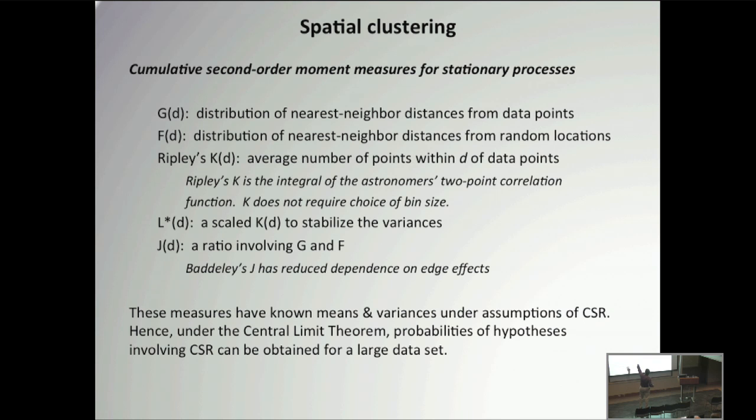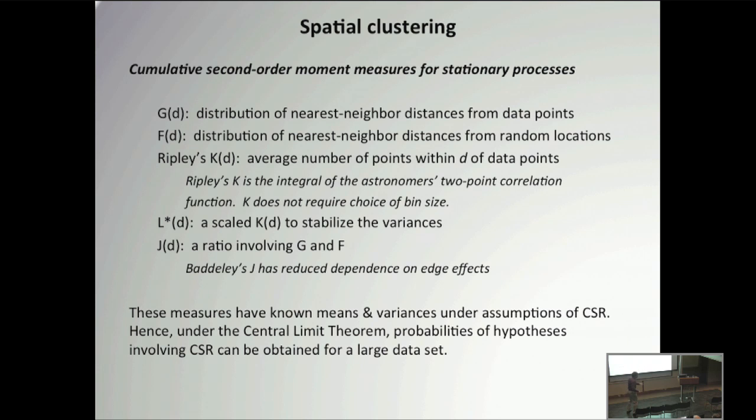But Ripley's K is related to the G distribution, which is the distribution of nearest neighbor distances from the data points, and the F distribution of nearest neighbor distances from random locations, which might be called something related to the void distribution function. Ripley's K is the average number of points within a distance D of data points, the integral of the two-point correlation function.